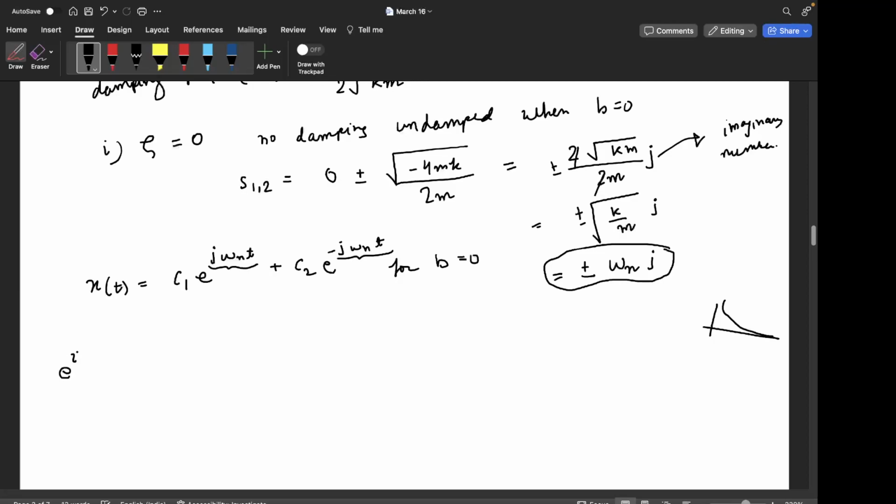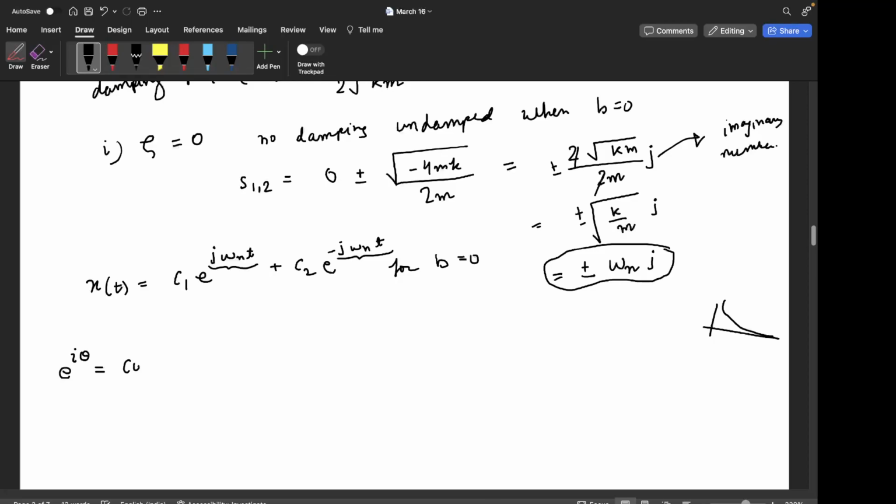So just an aside, could you please tell me, if I write e to the power j theta, then this is equal to, this is a special way to write a complex number. Are you guys aware of this? You must have read this in your high school maths.